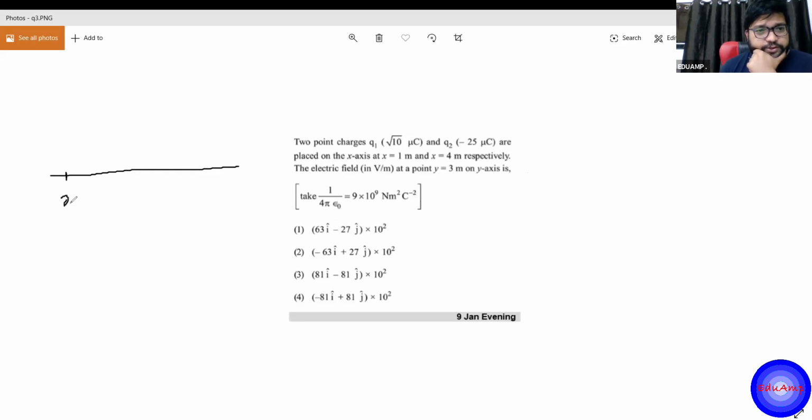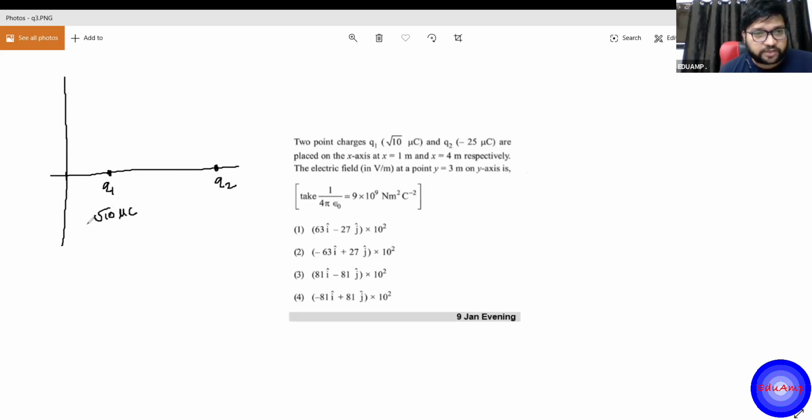So this is x is equal to 0. I am making the coordinate axis. This is origin 0, 0. One charge is kept here at x is equal to 1. Here the charge Q1 is placed, and x is equal to 4, that is around here, Q2 is placed. The charge kept here is square root 10 microcoulombs.